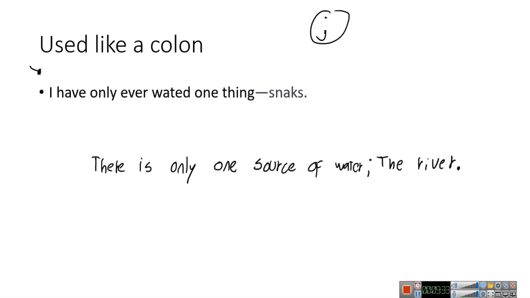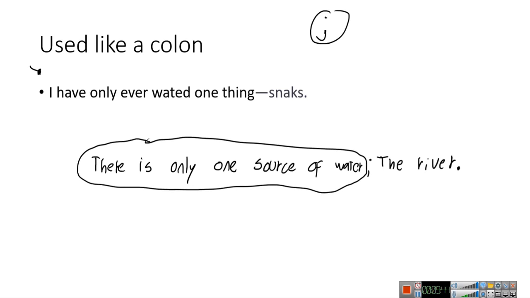So I'm given an exemplification, an example of that thing that I was just talking about right here. Instead of using the colon, I use the dash. Like this. And that's it. So there is only one source of water, the river.